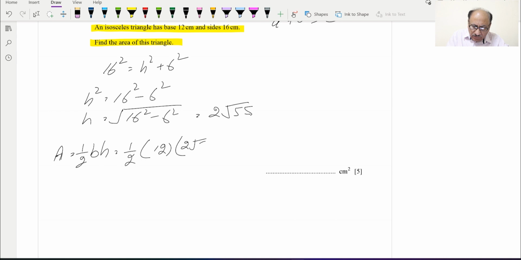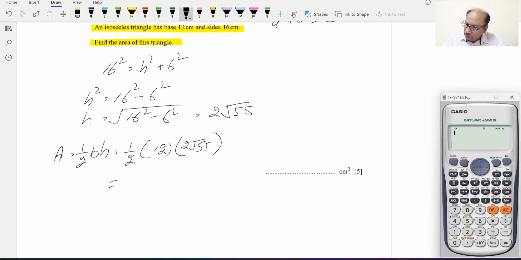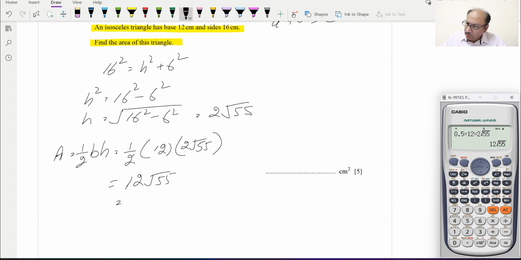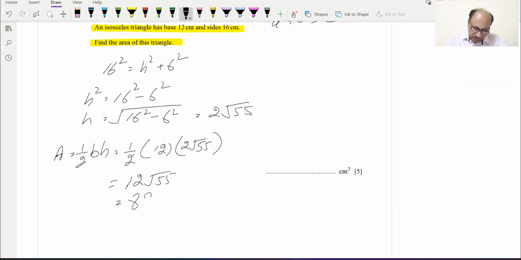This is 0.5 into 12 into 2 root 55, and this is equal to 12 root 55, or we can take the decimal value, which is 88.99, or we can write 89 as the rounded answer. So two significant figures, and this was for 5 marks.